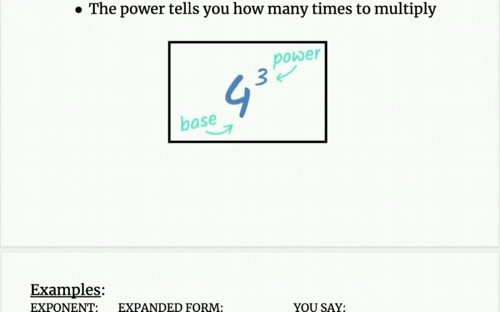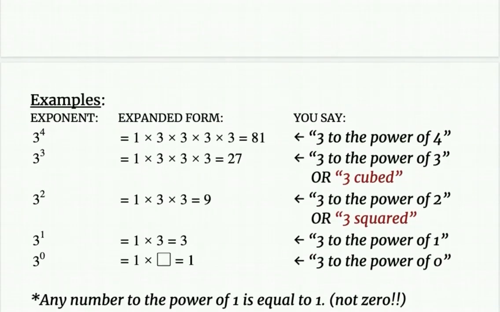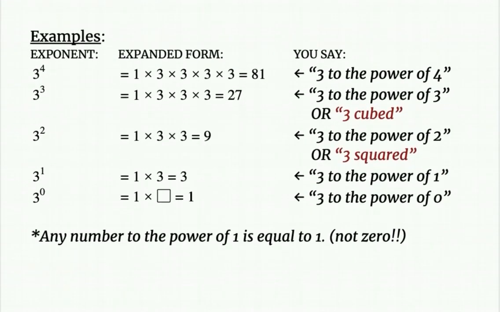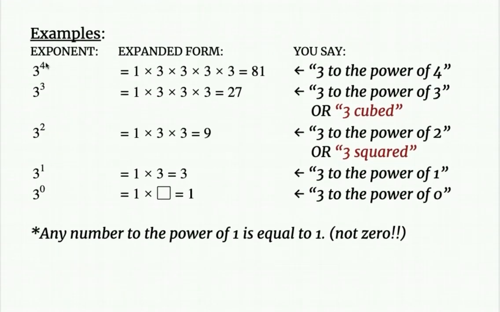Alright, so what I have set up for you here is an exponents table, specifically for the base number of 3. So these are all powers of 3 going in reverse order, 4, 3, 2, 1, and 0. Make sure you pause the video and jot this down in your notes before we go over it.